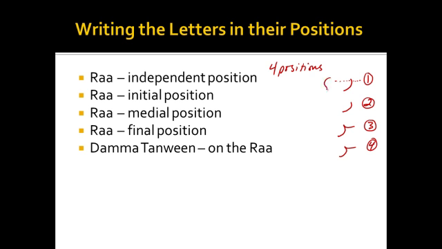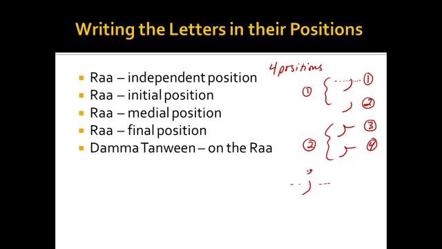So as you can see, there are 2 forms for the Ra that represent the 4 positions, just like the Dal and the Dhal and the Alif and the Waw that came before. Now, if we're going to write the Ra with the Damma Tanween, we write it like this. We have the Ra here, and again, this is our line.